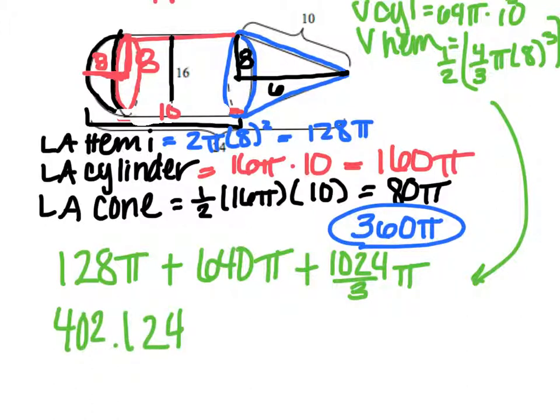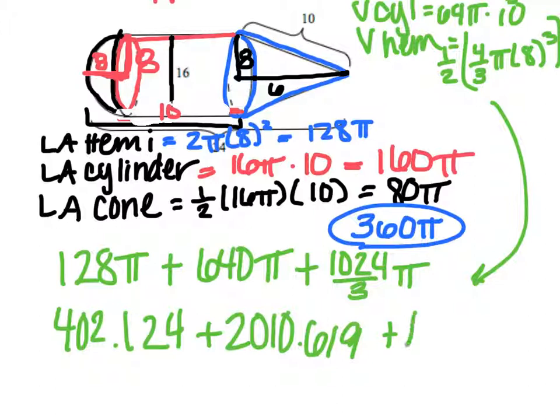I'm going to use 3 decimal places. 640 times pi is 2010.619. And then 1,024 thirds times pi is going to be 1,072.330.